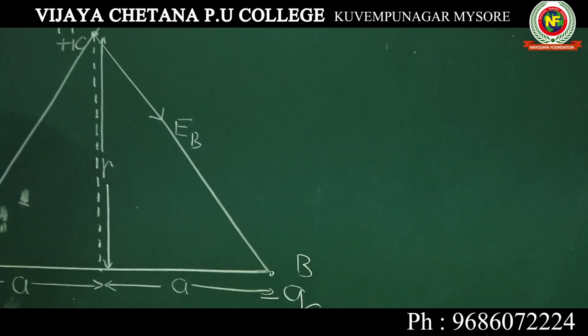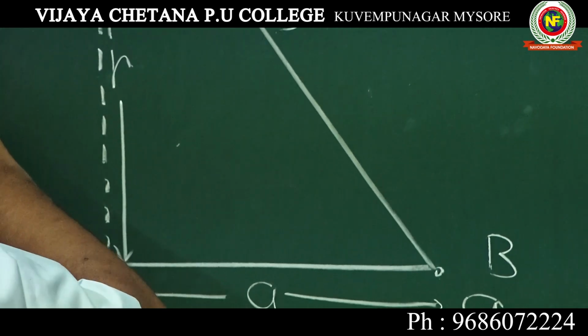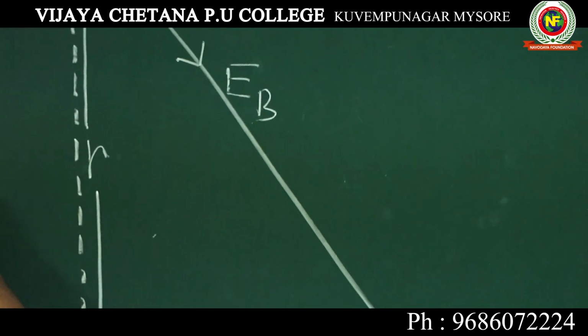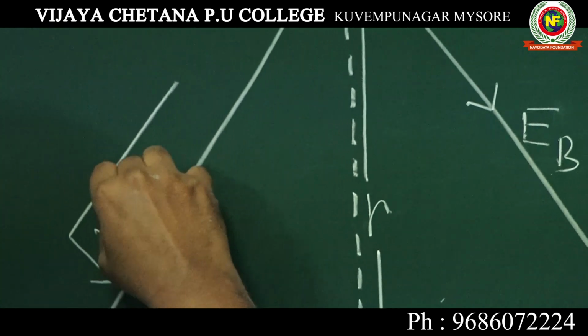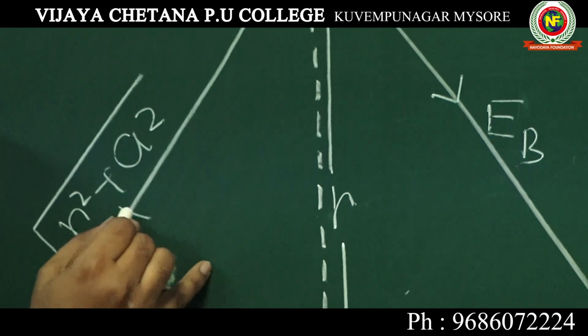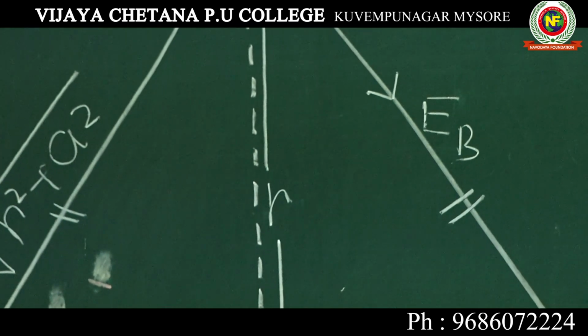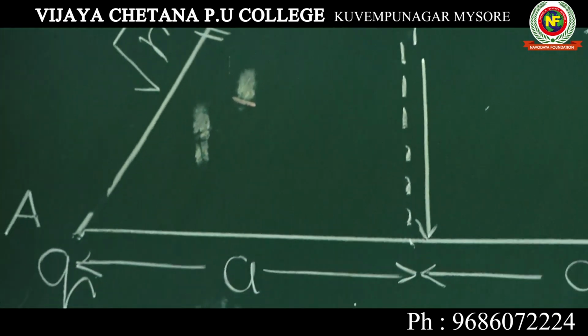By Pythagoras theorem, if this distance is a and this is r, this hypotenuse length must be equal to square root of r square plus a square. And this distance is exactly the same as this. Okay? Now let me measure the magnitude of EA.